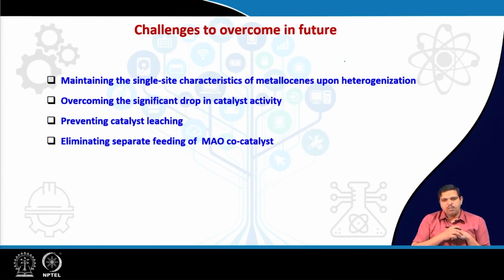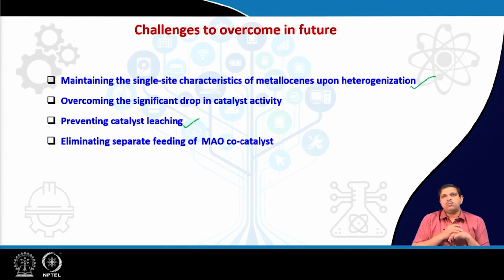However, though it is cost effective, we have to sacrifice some points, and there are still challenges to overcome in future, like preventing catalyst leaching and maintaining the single site characteristic of metallocene upon heterogenation.